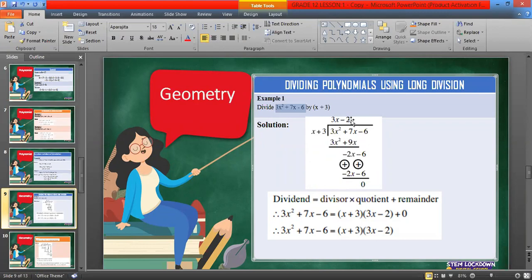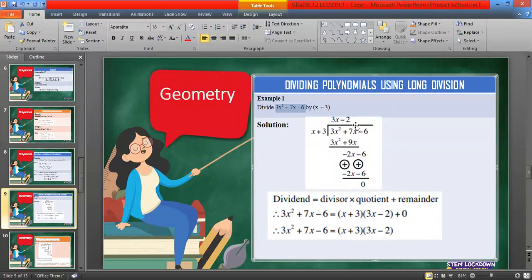That means this is our quotient. So these are the divisor and the quotient, because they have a 0 remainder. Do we understand? The dividend, which is your polynomial, equals your divisor times quotient plus remainder. We said that; it's the general equation for polynomial division.